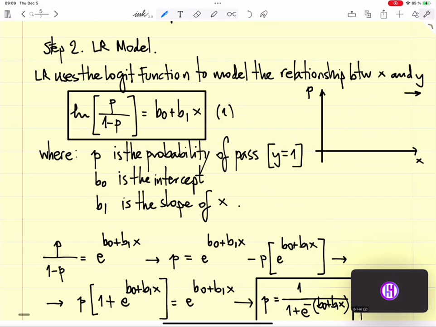So it's going to be like going that way in the x.